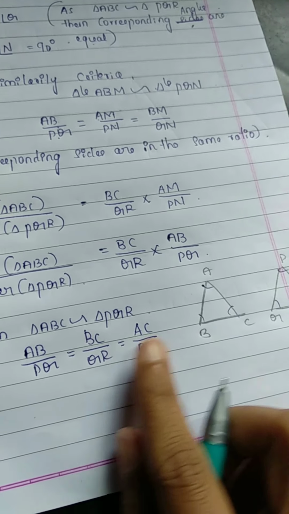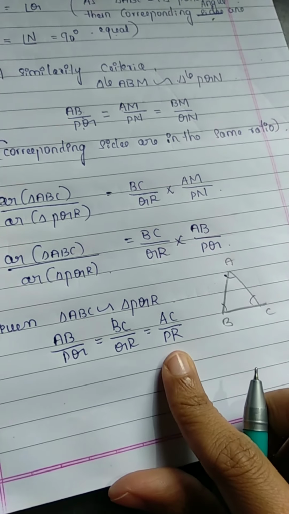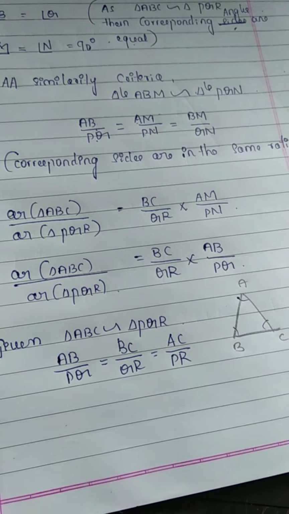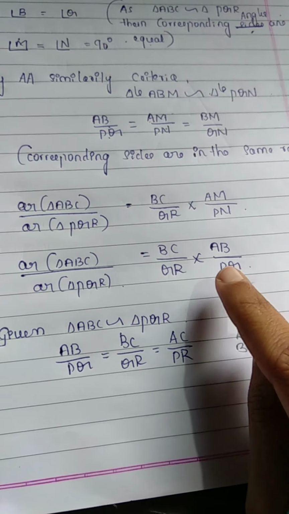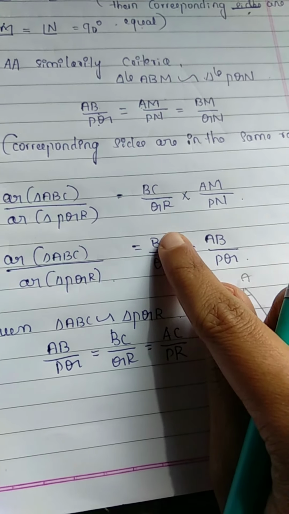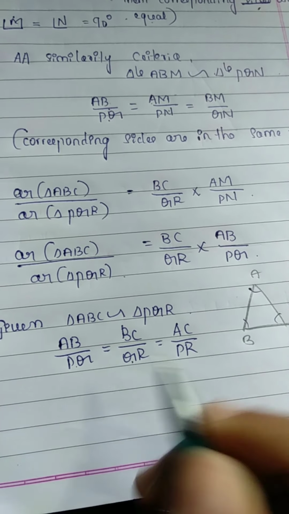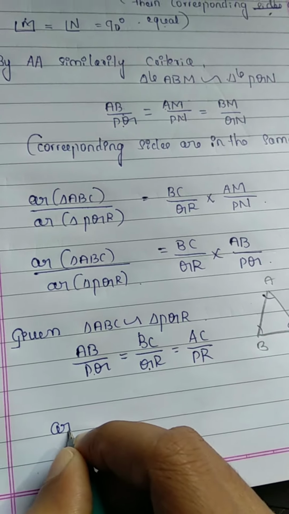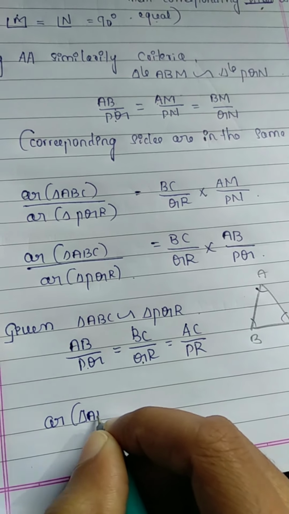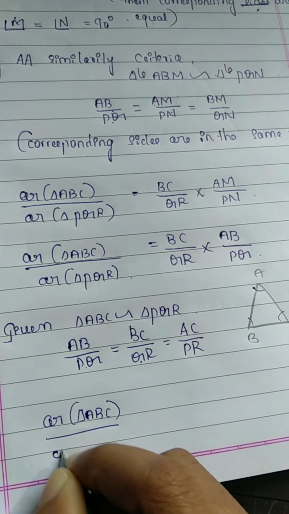Corresponding sides are divided in the same ratio. So here we get BC by QR equal to AB by PQ.